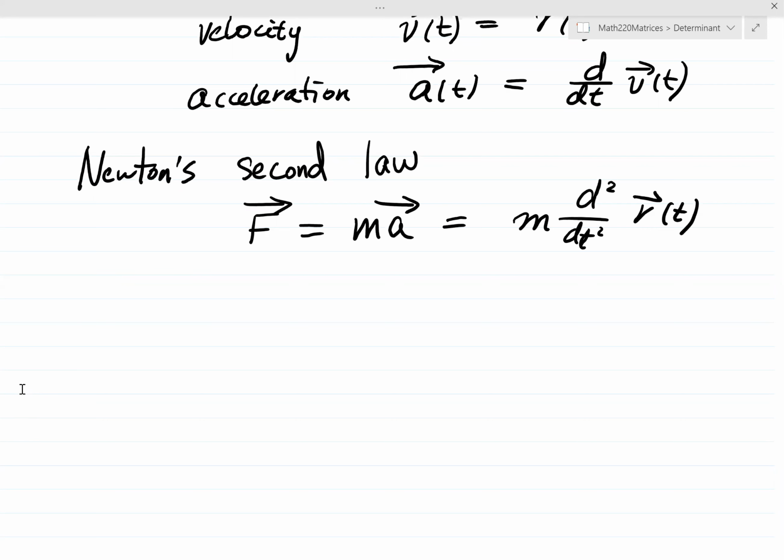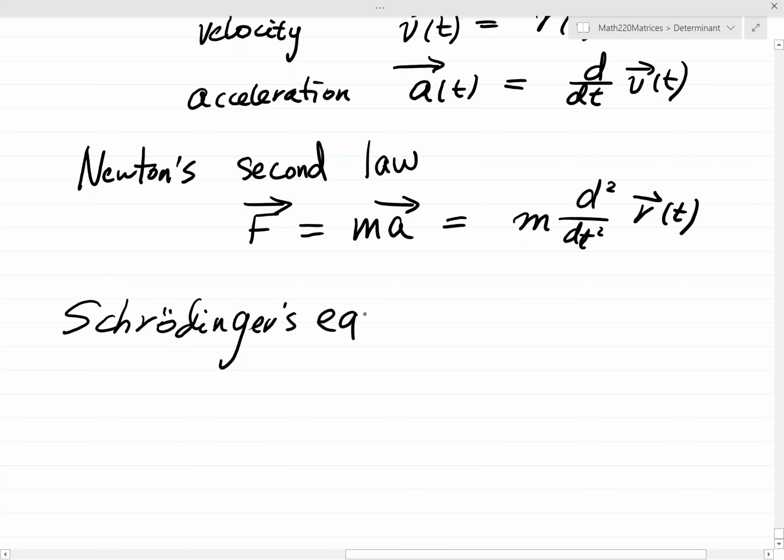That is part of what motivated Einstein's theory of relativity, and part of what motivated quantum physics. And we have a similar equation that describes a system, comparable with Newton's law in Newtonian mechanics. That's the famous Schrodinger equation, the most famous equation in quantum mechanics.